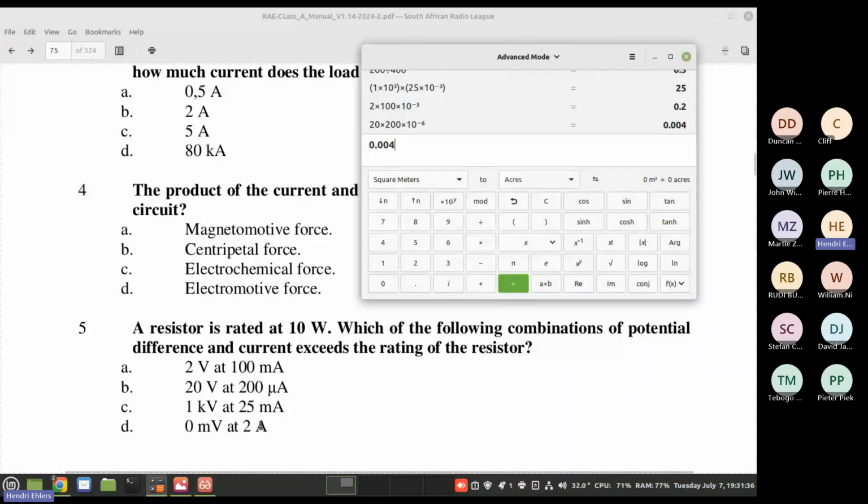And D would be 0, but just to confirm, let me put this in brackets to keep it separate, times 2, equals 0. So it's definitely not D. The only one it can be is C.